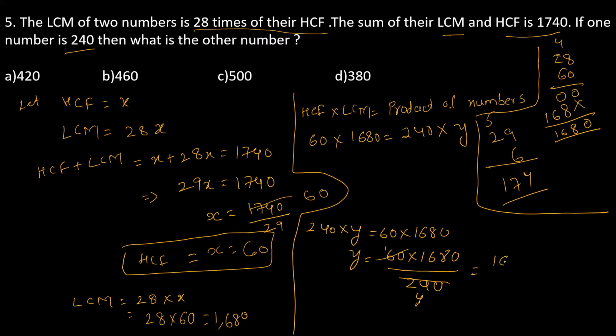Next step, 1680 by 4. 4 4s are 16. 4 2s are 8. 4 1s are 4. 4 4s are 16. 4 2s are 8. 4 0s are 0. So the answer is 420. What is Y? Y is nothing but the other number, which is equal to 420. So option A is correct.